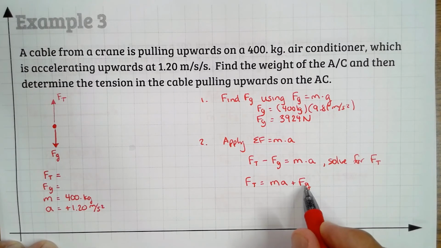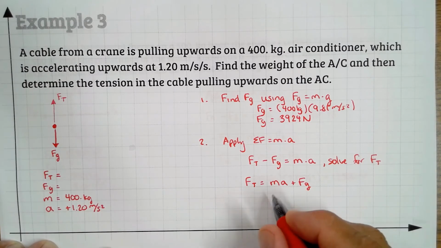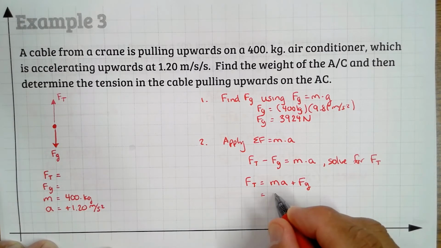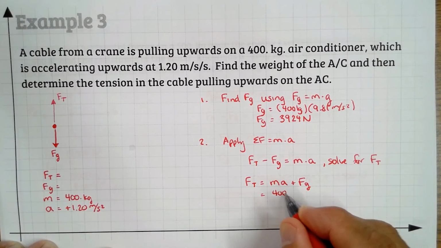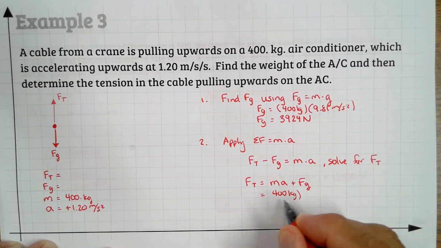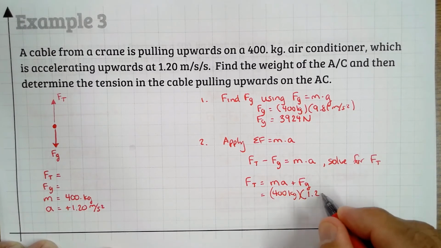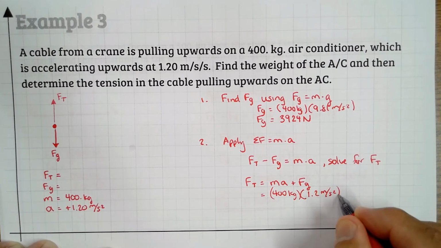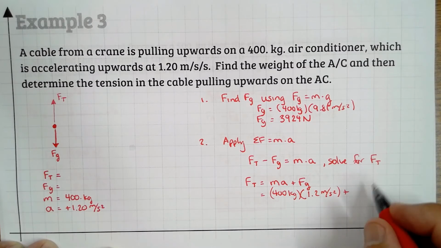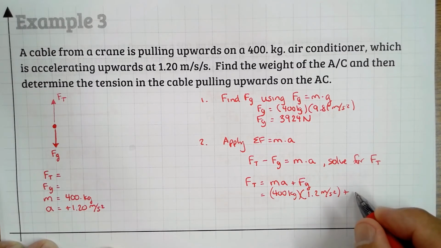Okay, so last step here is to plug in our numbers. So we have a mass of 400 kilograms times its acceleration, which is 1.2 meters per second squared, plus the force due to gravity, the weight. So that is going to be 3,924 newtons.